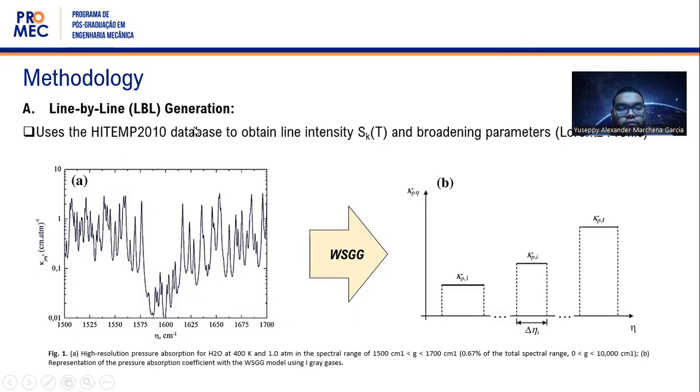As we can see here, we have a lot of spectral lines for water mixtures. So in this work, we are going to pass from figure 1a to figure 1b, and we are going to use, for this case, a WSGG model.